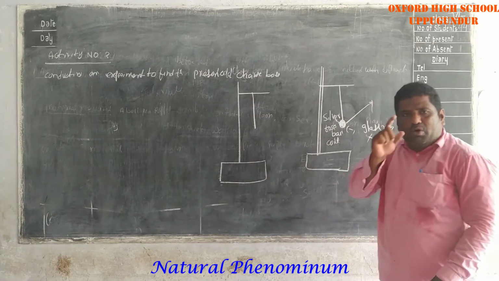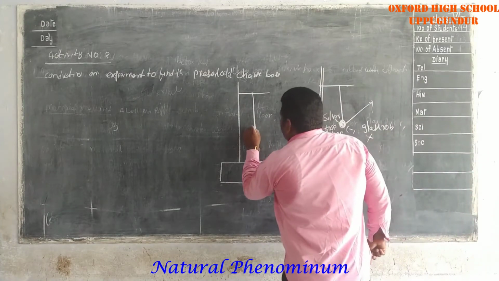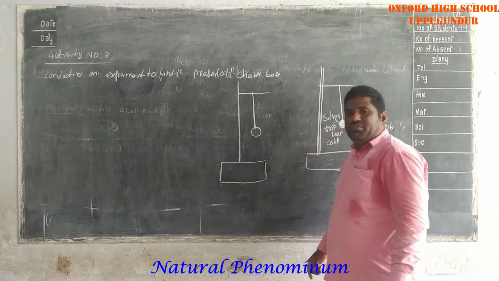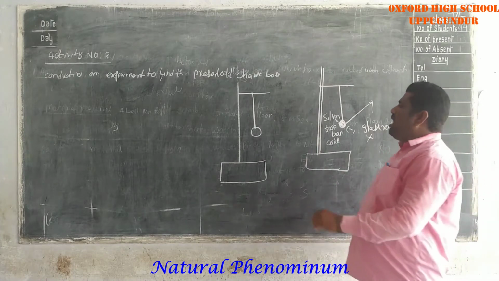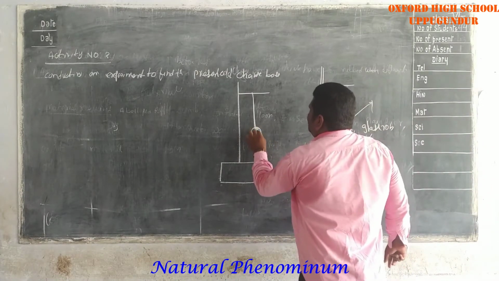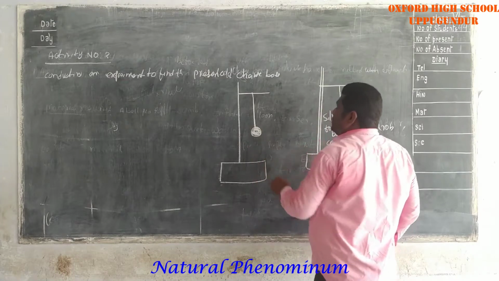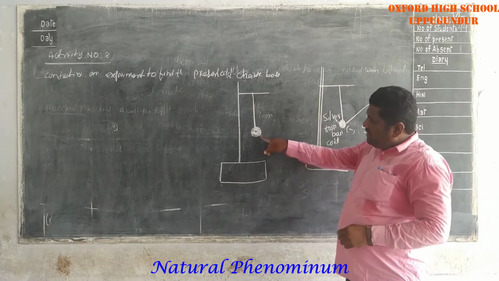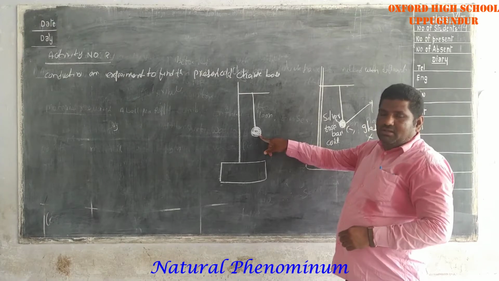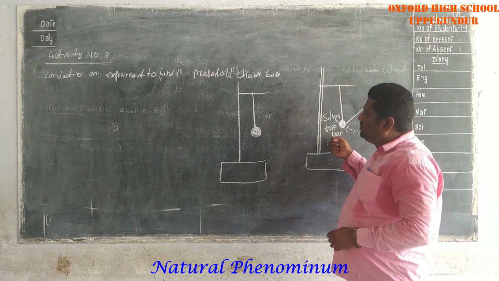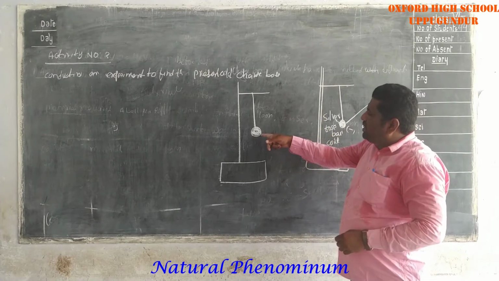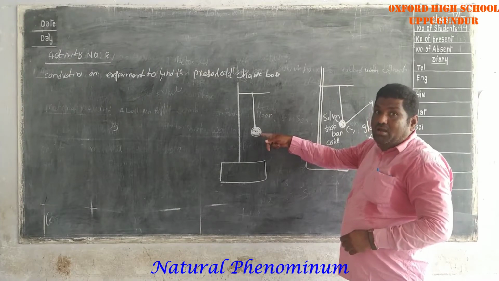I will take one thermocol ball. This thermocol ball is completely covered with silver foil, and now I will take the glass rod. First of all, I will touch it with the silver foil. Okay now, and again I bring it near the ball. What happened?